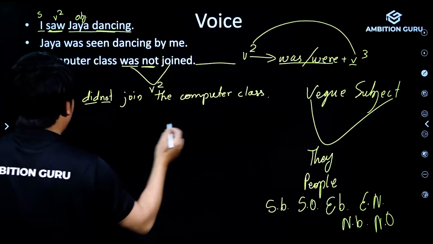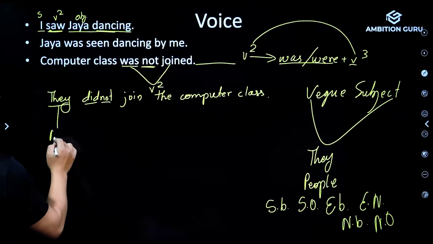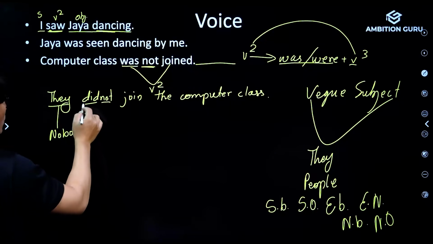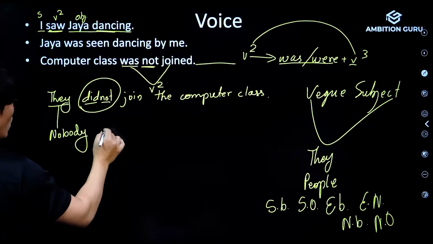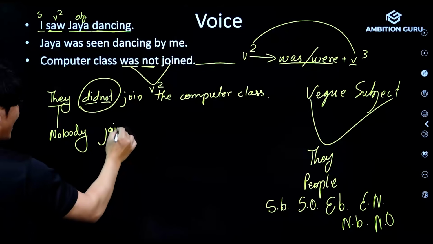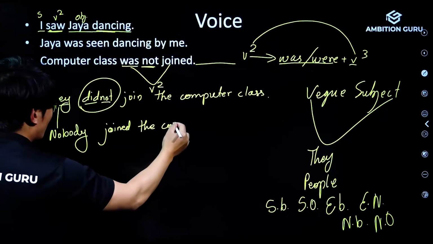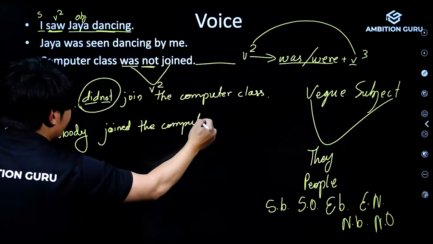Or if you write "nobody" or "no one" in place of "they", you don't need to write "not". So "nobody joined the computer class."